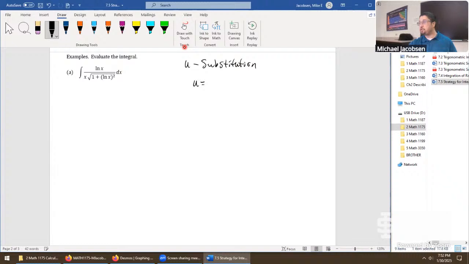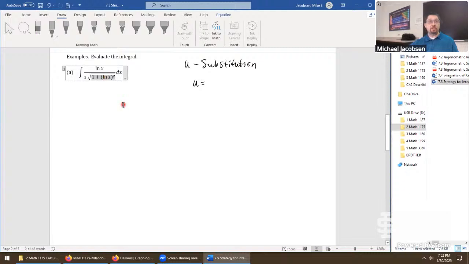As far as u substitution goes, there are several strategies. You can be like a really fine razor and take the smallest function possible, natural log x. Or you can use a blunt hammer and take something even bigger, 1 plus natural log x squared, or even bigger, root of 1 plus natural log x squared.